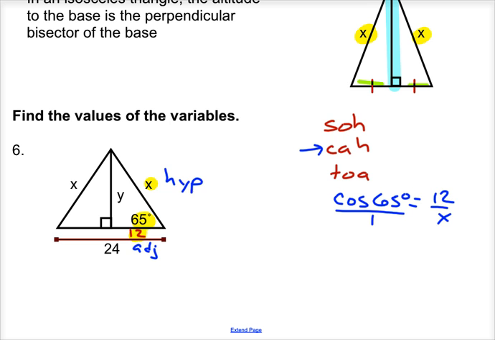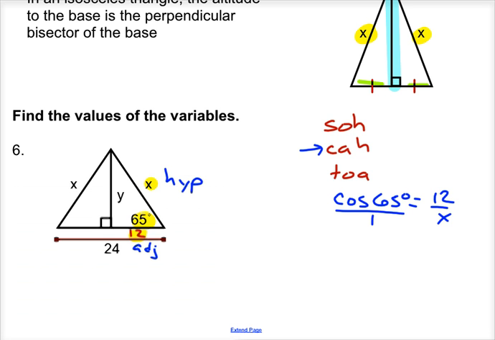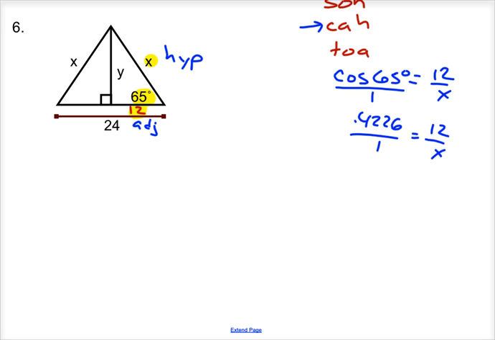I know I need to get the decimal value for the cosine of 65, which is going to be 0.4226. If I cross multiply, I'm going to get 0.4226x equals 12.